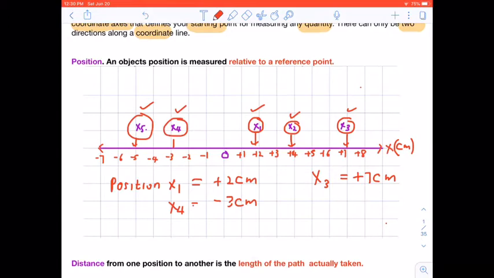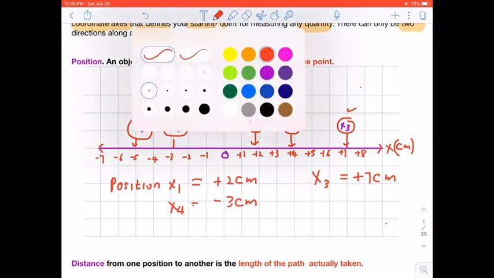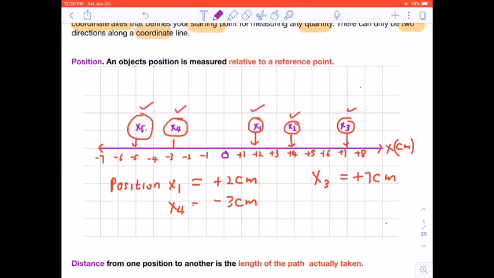So what is important here is you need to realize what a plus and minus tells you.